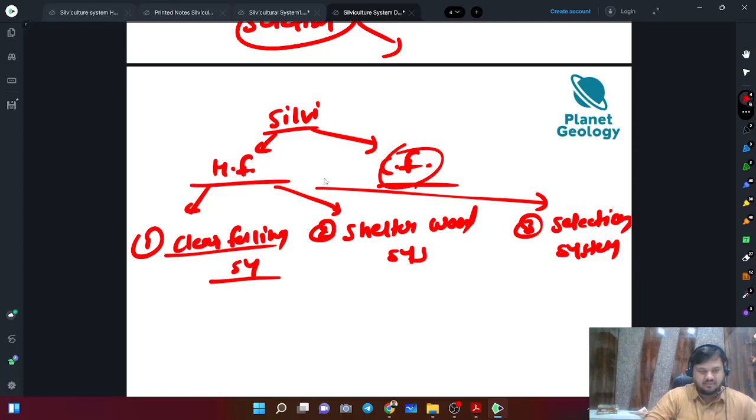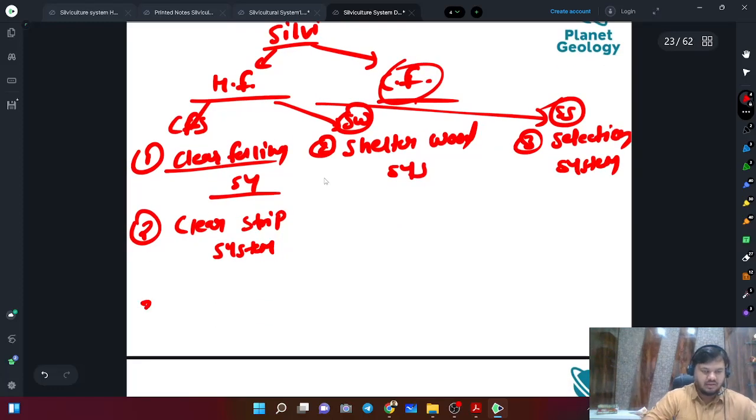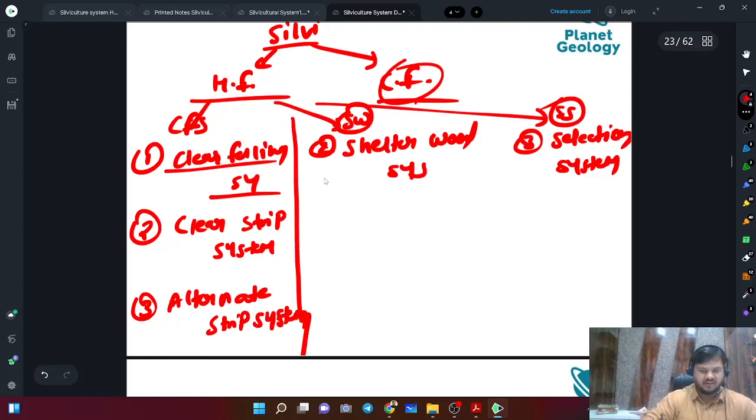Under clear felling system, the second is what we call strip system, or just write clear strip system. The third thing is alternate strip system. We'll see what it is, right? So this is the end of clear felling system.